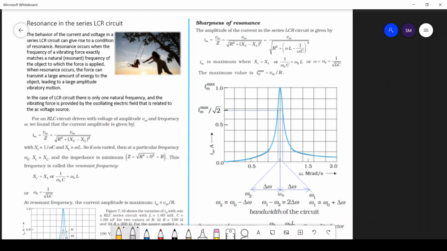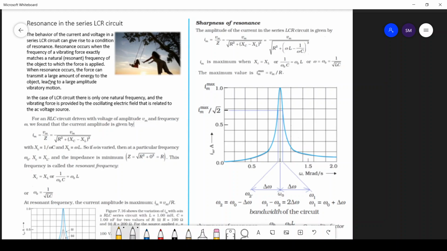So it is swinging like this, and this mother is also exactly at the same time pushing this girl. The force is applied. So when this occurs, the amplitude of this oscillation of the swing increases. That is the resonant condition, and resonance occurs.